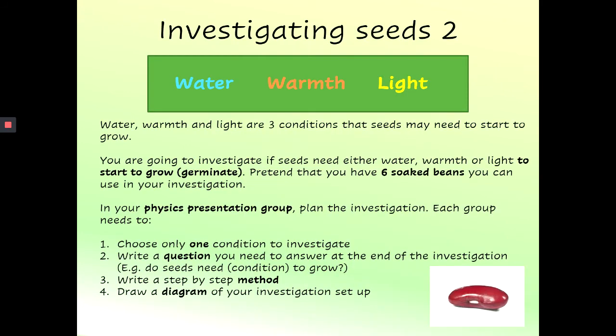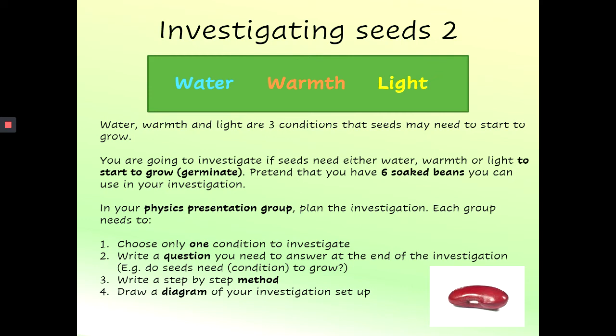We're going to do another investigation. The first one was about dissecting a seed, and I hope you guys enjoyed it. Before I explain what the investigation will be about, I want you to pay attention to these three words: water, warmth, and light.